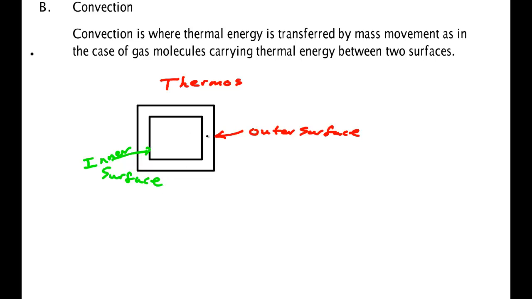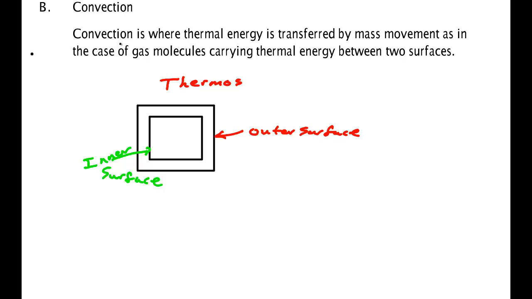We don't want these two to touch by conductivity, so we don't. But if there's air in here, gas molecules, these molecules will get heated up, excited by the surface, migrate over, hit, and bang into atoms on this surface, thereby transferring energy. That process of the gas molecule movement is called convection.